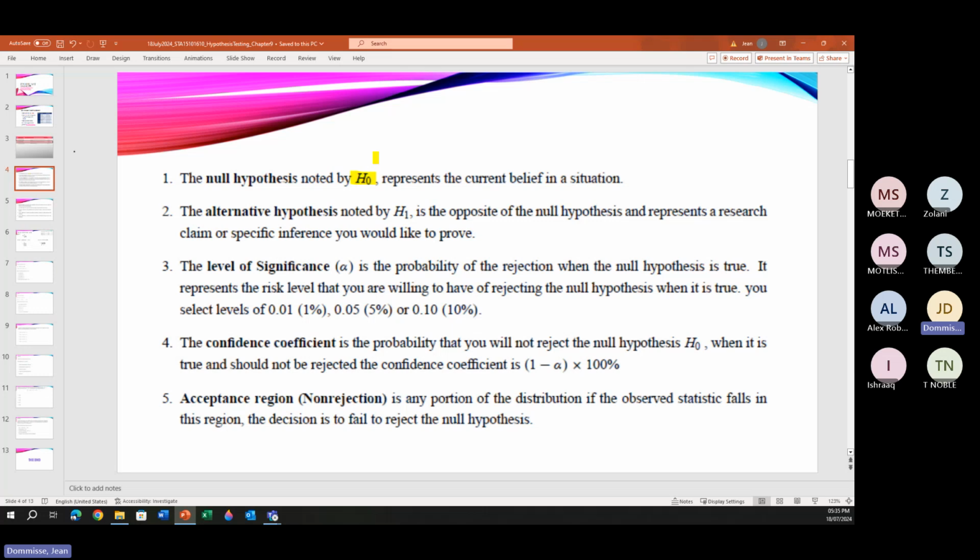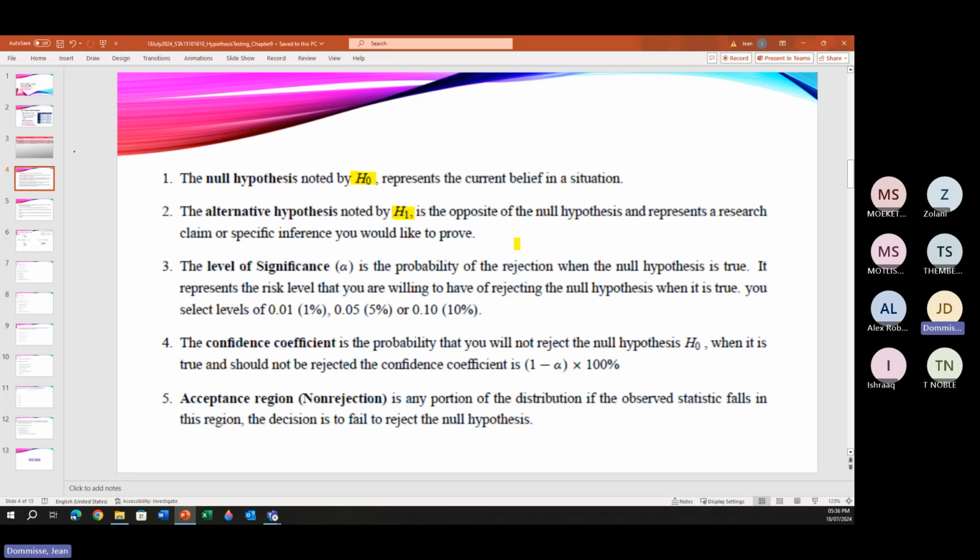The alternative hypothesis says, but hang on, we think you are not right. The null hypothesis is what we think is the current situation, and the alternative hypothesis says we believe there's something opposite to that.